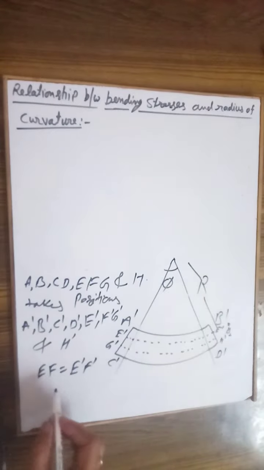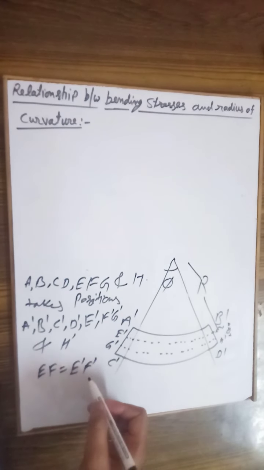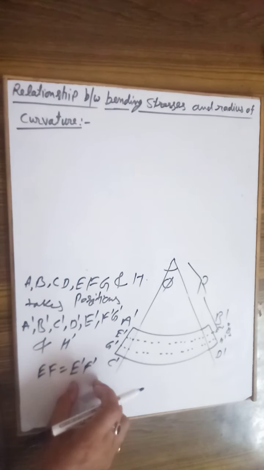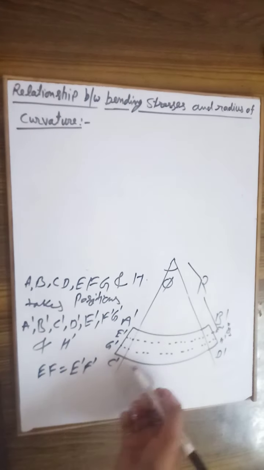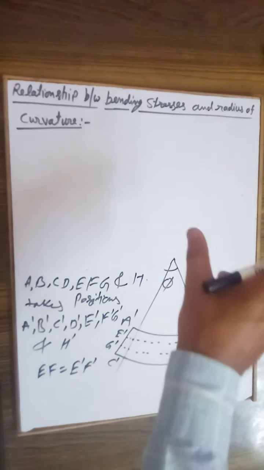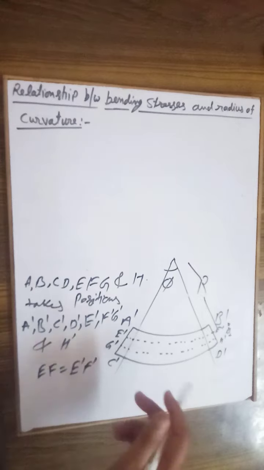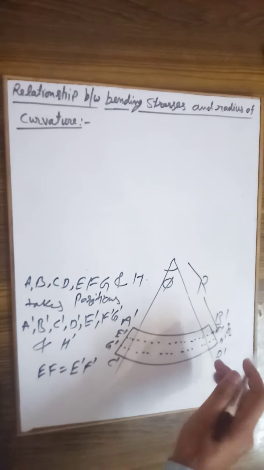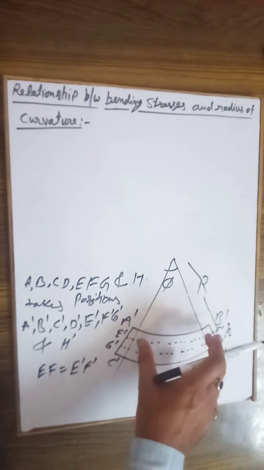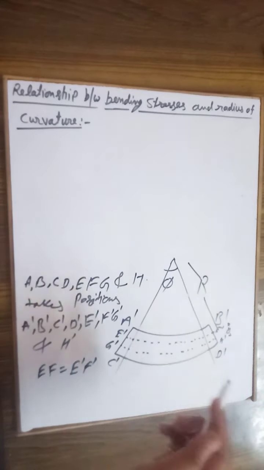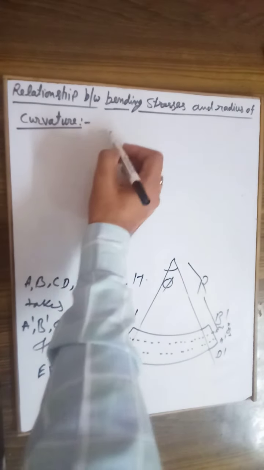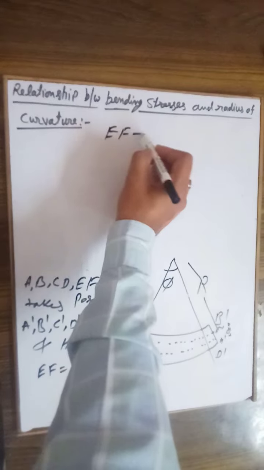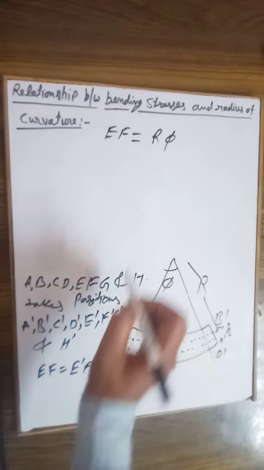So here is the neutral axis. So EF is equal to E dash F dash, since EF is our neutral axis in the previous diagram also. So if this is our neutral axis, it will be equal to R phi. So we can say that EF is equal to capital R phi.